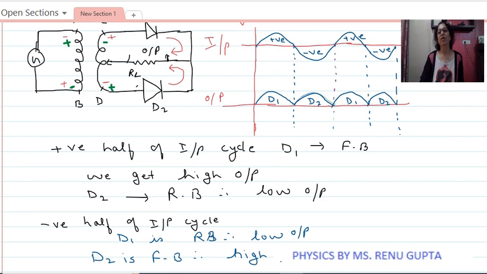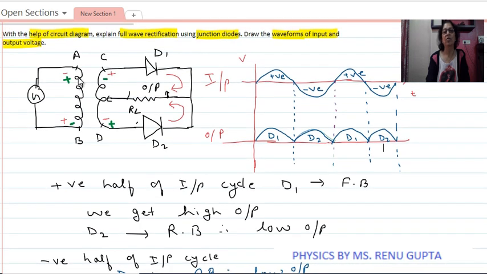When the direction of voltage is the same, the current will also be in the same direction, then we can say that it is now DC. So here we have converted input AC into DC output. This is how full wave rectification works with the help of junction diodes, and I have explained how to draw the input and output voltage waveforms also.